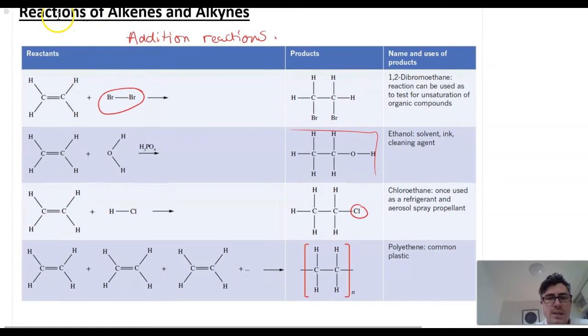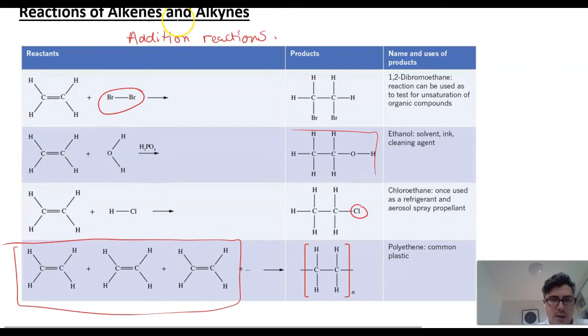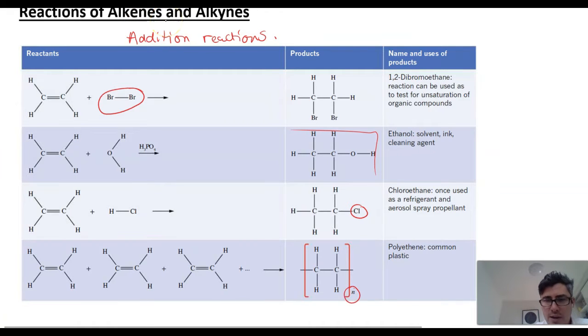Lastly, if we add it to itself, we can polymerize it and make a polymer, where they're all attached in a chain with n number of monomers. So we could have like 1,000 in a row chained together to make a plastic polymer, which we often use in day-to-day household items. So that's the kind of importance of alkenes. In Units 3 and 4, you look a lot more into the reactions there.